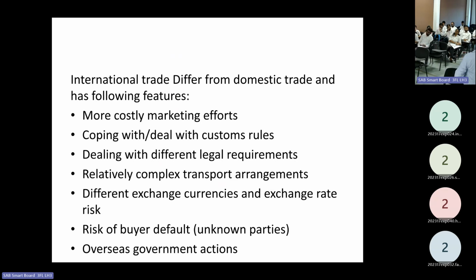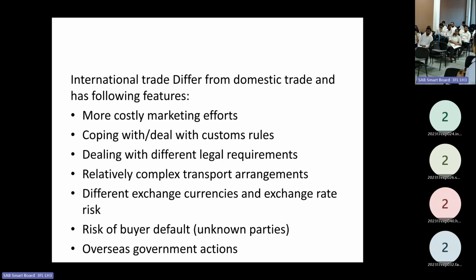If there is good trust between the buyer and seller, the buyer will make the payment as early as possible, before the shipment. That means payment in advance. Different methods are there, and that also depends on the trust.